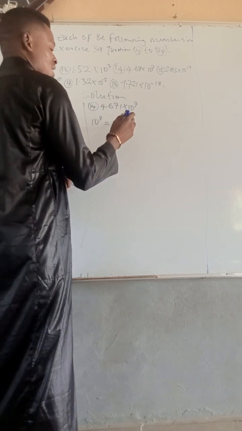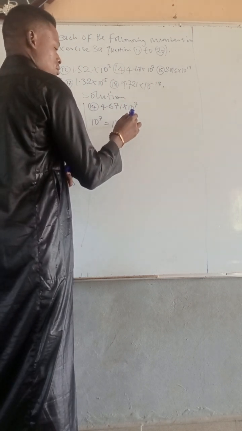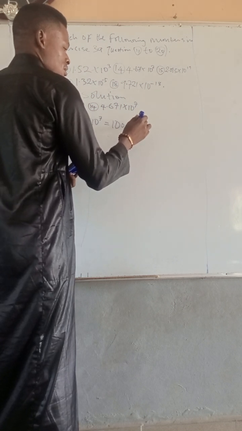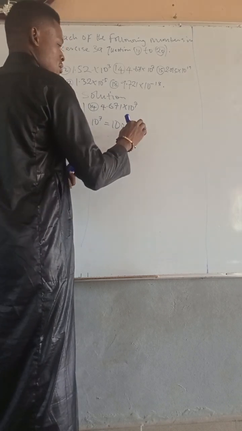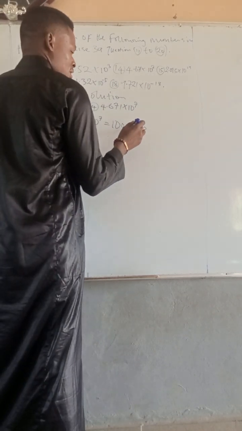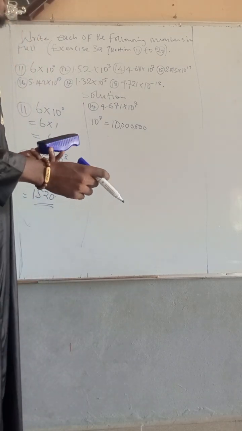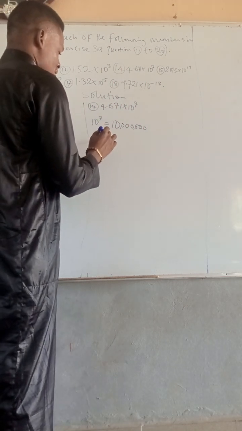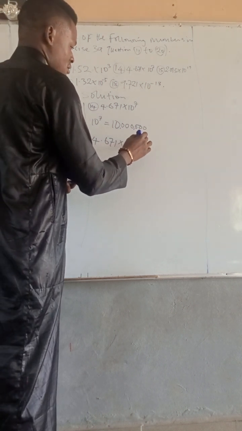The power is 7, so you just add 7 zeros. 1, 2, 3. 1, 2, 3. 1, 2, 3, 4, 5, 6, 7, since the power is 7. So you have a comma here, you have a comma here. So we have 10 million. So now the next step is 4.671 multiplied by 10 million.